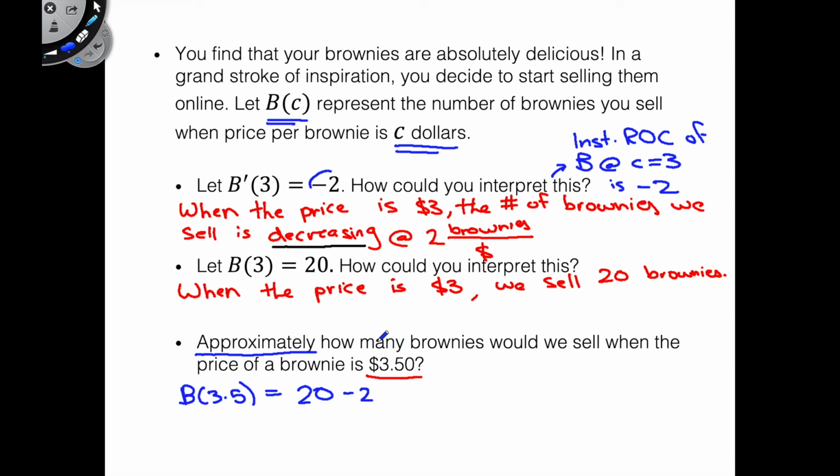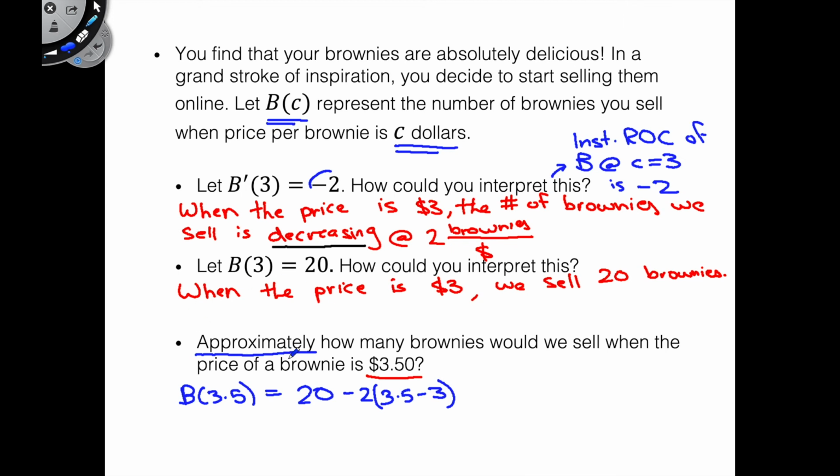But what do we multiply this by? Well, that's going to be this extra 50 cents here, because remember, we're starting at 3, and then we're interested in 3.50, so it's going to be 3.5 minus 3, which is 0.5. So I hope you see where each piece is coming from.